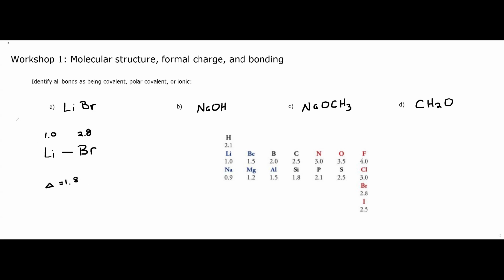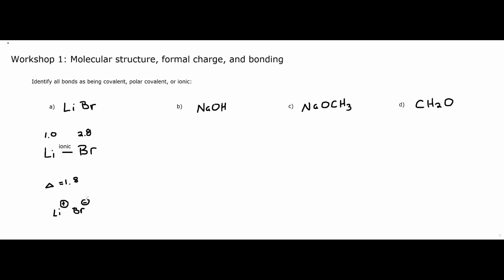So what would this be? This would be an ionic bond. Lithium, bromine, this is an ionic bond. And remember, ionic bonds can be written as a bond like that, or they can be written as an ion pair like this, where the lithium is positive and the bromine is negative.